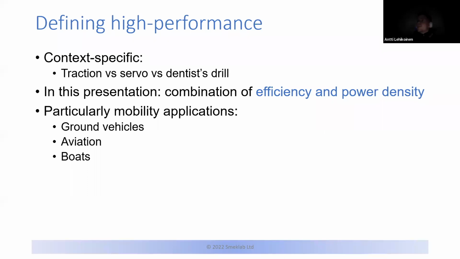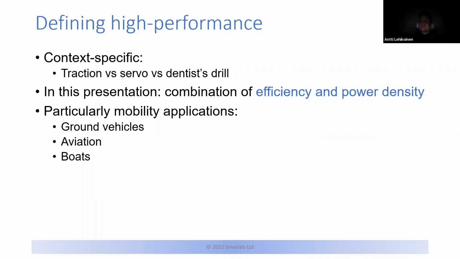Of course, it's highly context specific. We will be speaking about traction today, where high performance is usually understood as a combination of efficiency and power density. But in other applications, for instance servo motors, it might mean fast response time, small torque ripple, high precision.